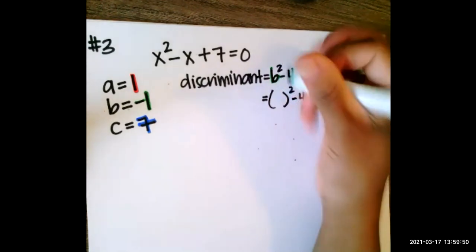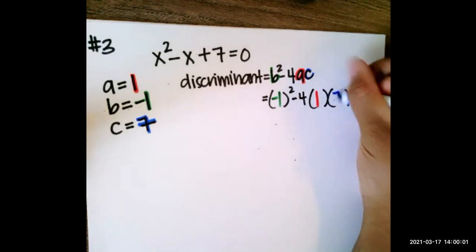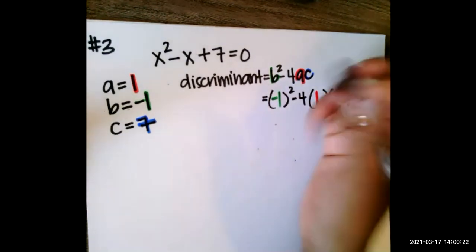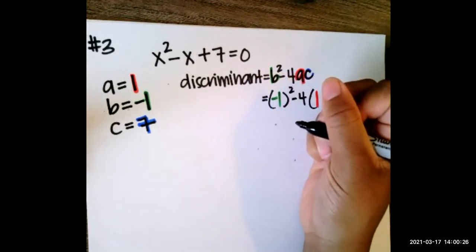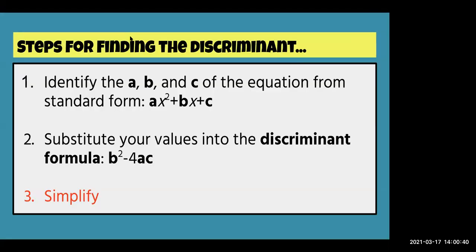I'm going to substitute negative 1 for b, 1 for a, and 7 for c. Next, I'm going to simplify. This is our last step before we finish finding the discriminant.